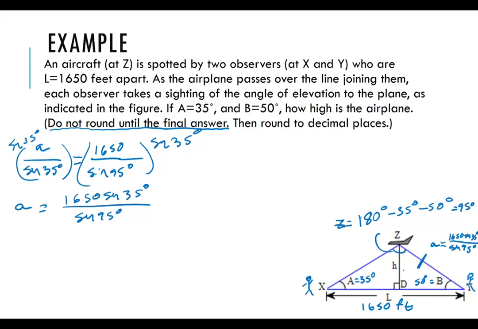Alright, great. Well, at that point, if I'm trying to find side length H, what can we do? Well, specifically, I'm going to think about ratio of sides, because now I'm just going to look at a specific triangle. And the specific triangle I'm going to look at is now this one. So if I look at that specific triangle, what do I know? I know angle B. Well, if I know angle B, I can find this angle right here, right?